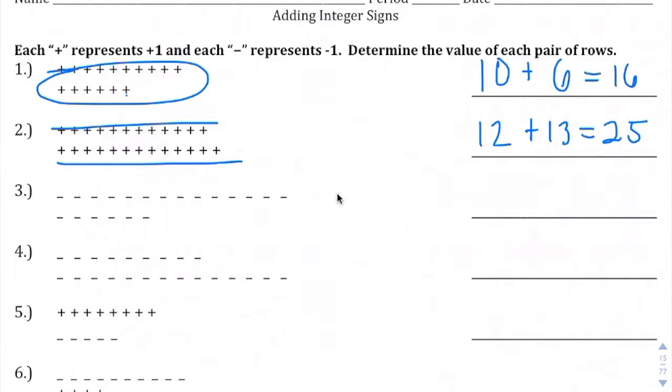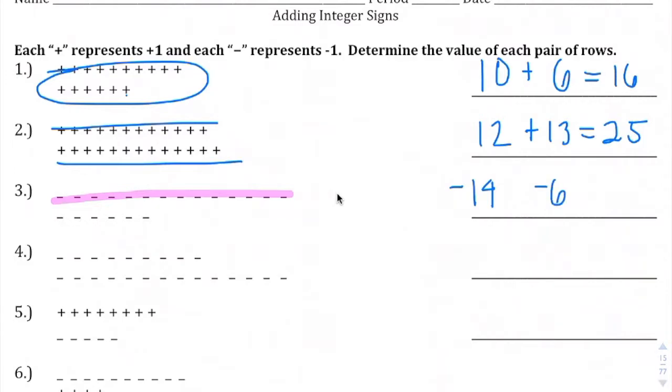But now let's look at some minus signs. In this first row of minuses here, there are a total of 14 minus signs. So that is going to represent the number negative 14. The second row has 6 negatives in it, so that's representing negative 6. Right now we're just sticking with adding.